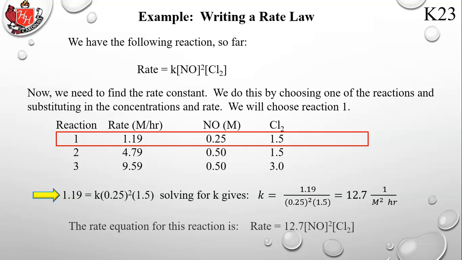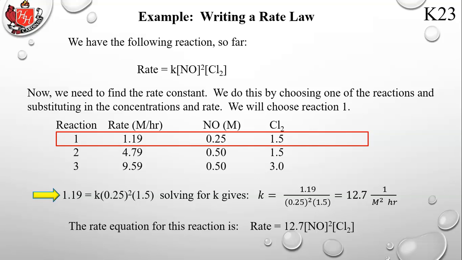So that's the value of K. So the rate equation is 12.7 times NO squared times Cl2. What does that mean? And how can you check your work, by the way? It means that whatever concentration of NO and Cl2 you put in, and you run it through that equation and multiply by 12.7, the rate constant, it will give you the rate.